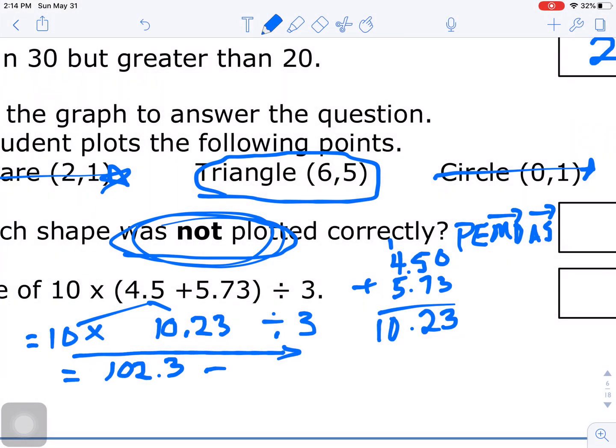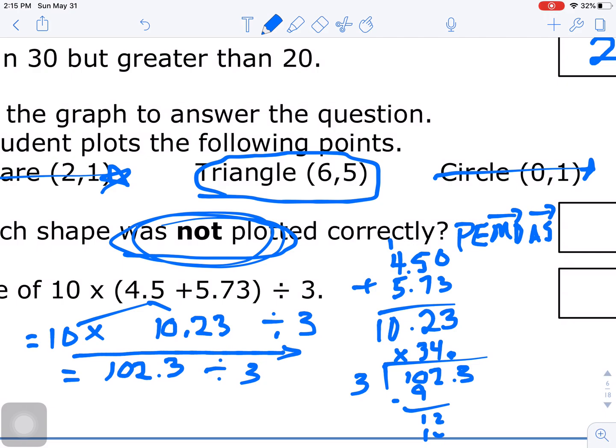Now what is 102.3 divided by 3? Remember, when I'm dividing and I have a decimal dividend, I want to put that decimal point up in my quotient. 3 goes into 10 3 times. 3 goes into 12 4 times.